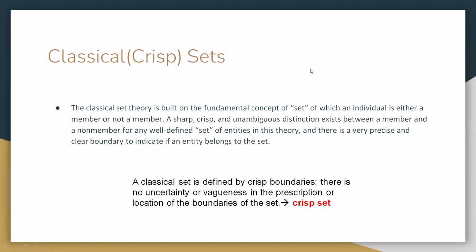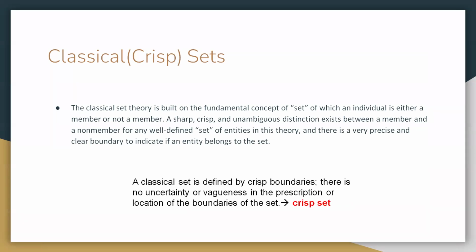Now, coming to the definition of a classical set, also known as a crisp set. Classical set theory is built on the fundamental concept of set theory itself, where each individual that you take is either a member of a set or not a member of a set. You have a crisp boundary on whether it becomes a member or a non-member.